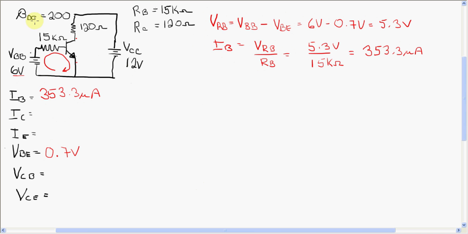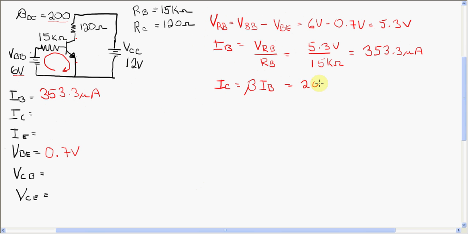If you remember from theory class, beta is how much bigger the collector current is than the base current. In other words, that's how much it amplifies. Whatever the base current is, the collector will be beta times larger. If we know the base current and we know beta, then the collector current is beta times the base current.